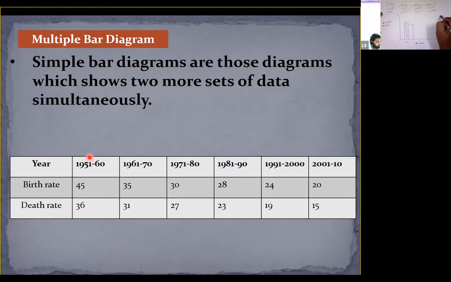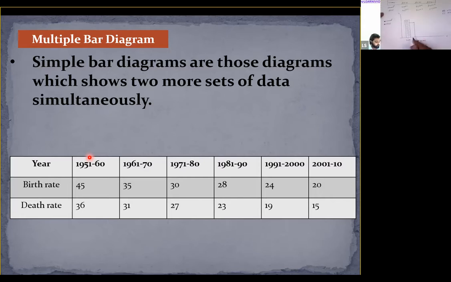So we will also have to make indicators. This bar shows production of wheat, and the blank one shows production of rice.